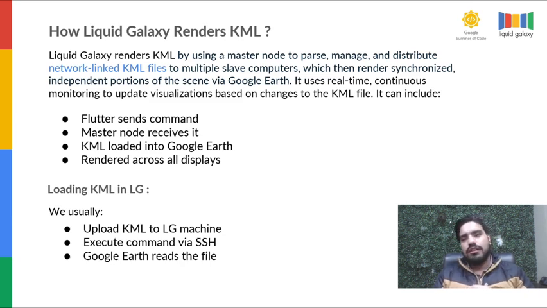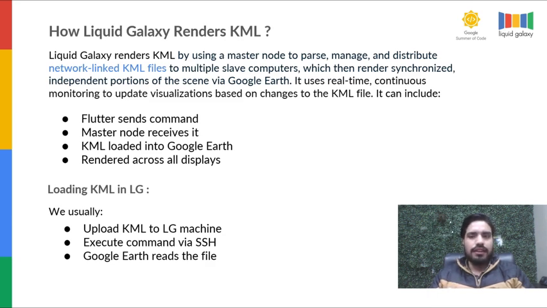Let's understand this with an example. Like in task 2, we have to send a command to display a logo on the leftmost screen. So how does this work in real time? Firstly, we created a KML in which we attach an image URL. Then we execute a command from the client side.